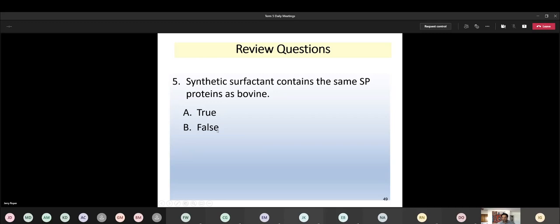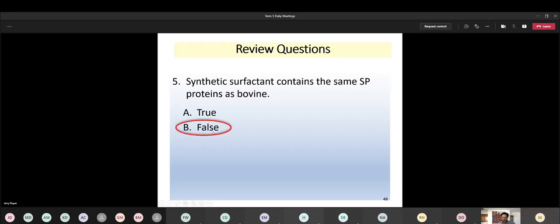Is this true or false? Do the synthetic types of surfactant that they make in the lab have the same SP-A, B, C, D proteins as you would expect in the cow's surfactant?